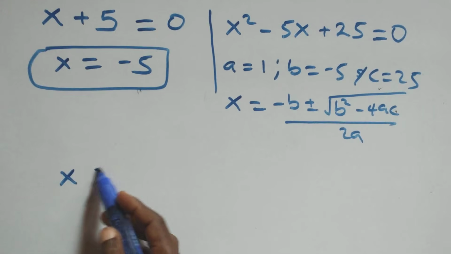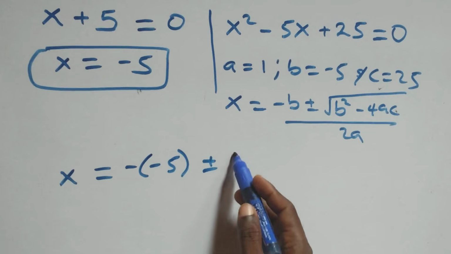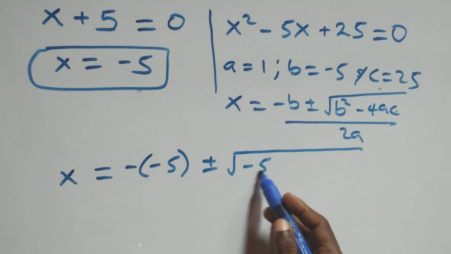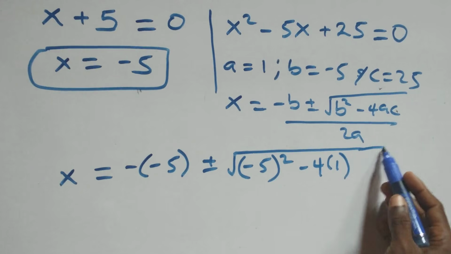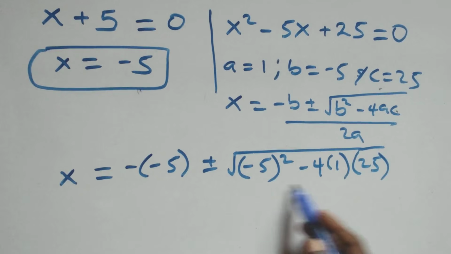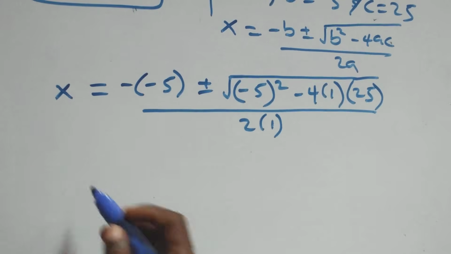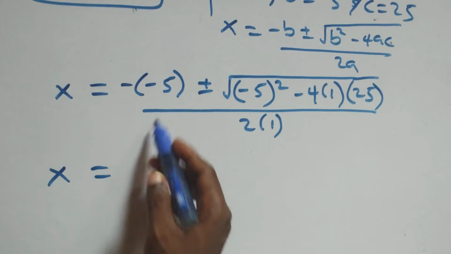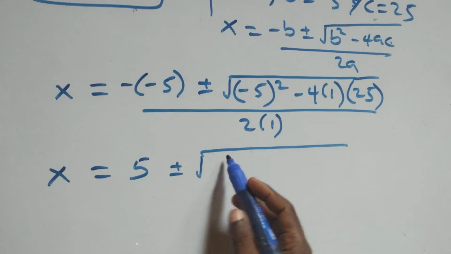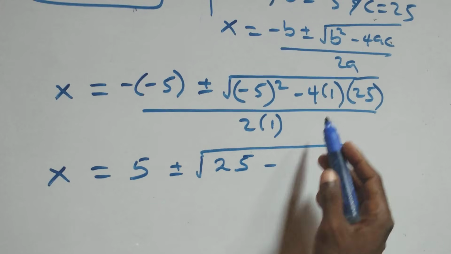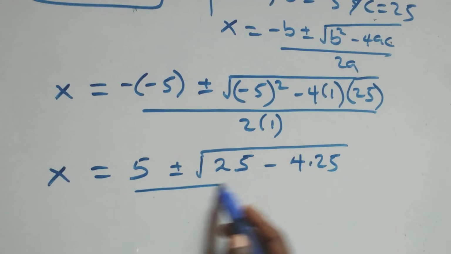And here we have x equals minus (minus 5) plus or minus square root of (minus 5) squared minus 4 times 1 times 25, all over 2 times 1. That is, minus times minus is plus. We have 5 plus or minus square root of 25 minus 4 times 25, all over 2.